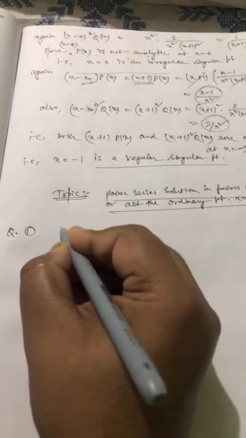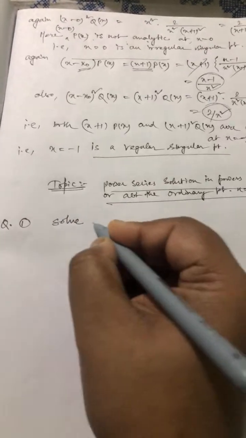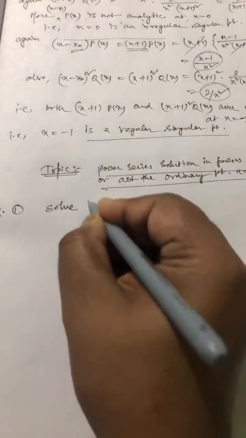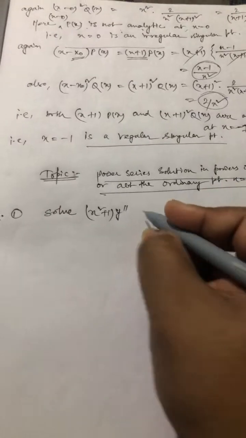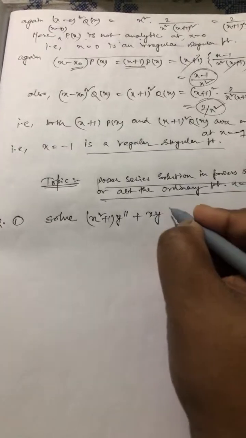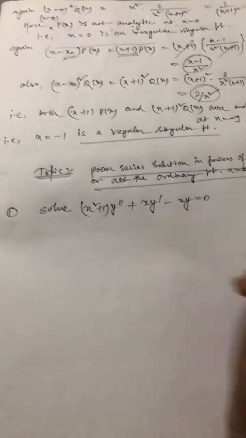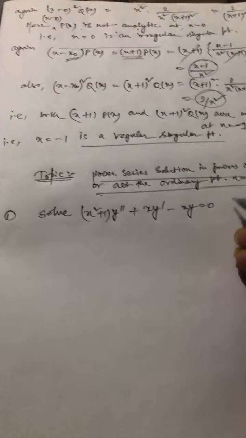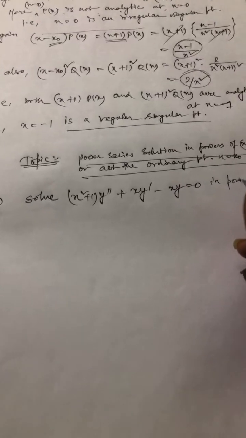Say I am taking the example like this. Solve (x square plus 1) y double dash plus xy dash minus xy equal to 0 in terms of power series, in powers of x.